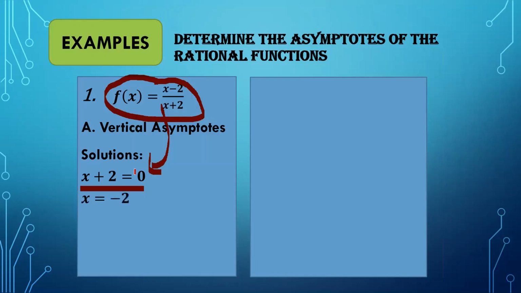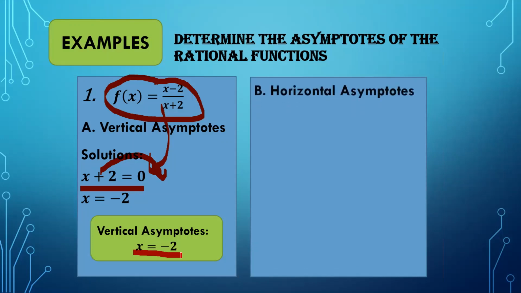Next, we have x equals negative 2. Why x equals negative 2? By transposition, the positive 2 is transferred to the other side and becomes negative 2, or by additive inverse. Therefore, the vertical asymptote is x equals negative 2.